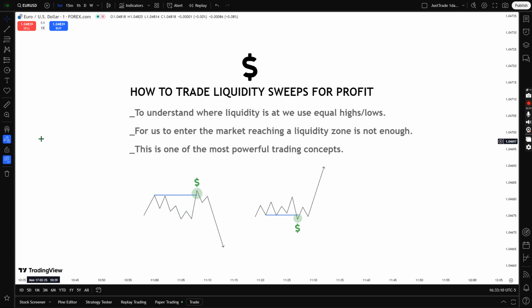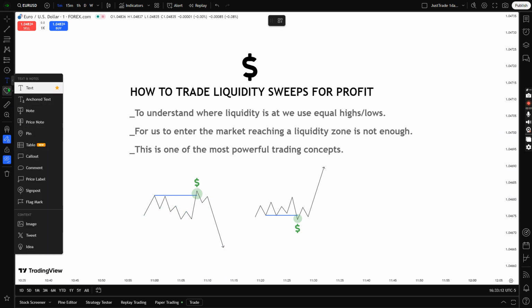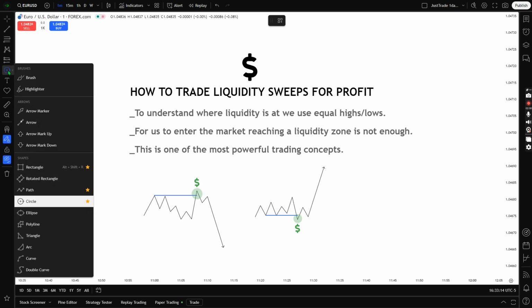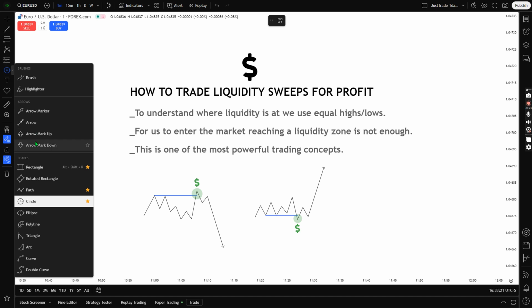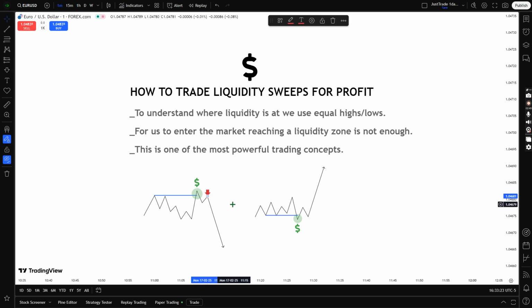This would be our entry point, and the market then dumps lower. Same thing here, but the opposite for a bullish setup. We create two equal lows, price breaks through them, takes the liquidity, goes up, retraces. This would be our long entry.